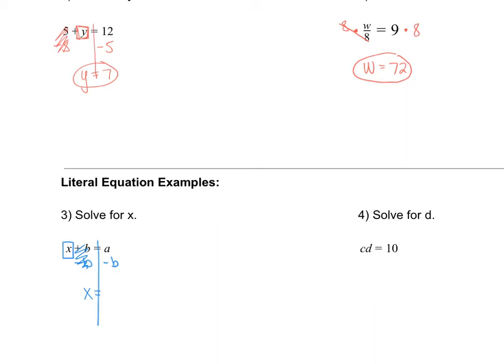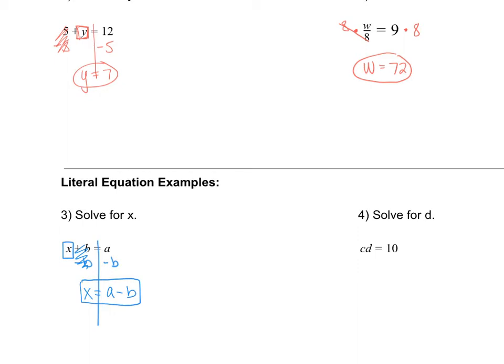Well, let's look here. I have a minus b. Remember back to the simplifying algebraic expressions unit. Are these like terms? No, they are not like terms. So I cannot combine them. I just stick them right next to each other. A minus b, this is my final answer.